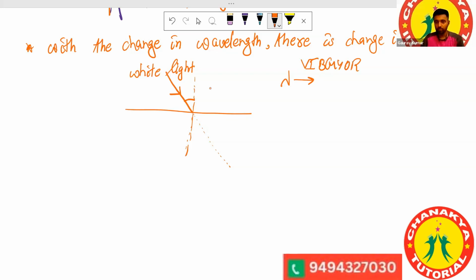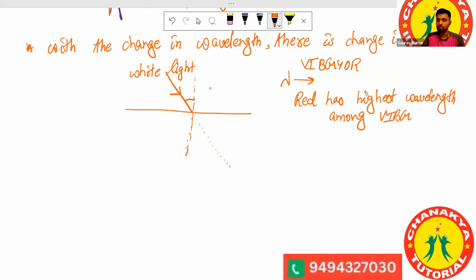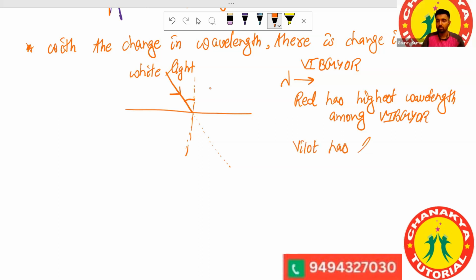So red has the highest wavelength among VIBGYOR. Which color has the lowest wavelength? Violet. Violet has the lowest.